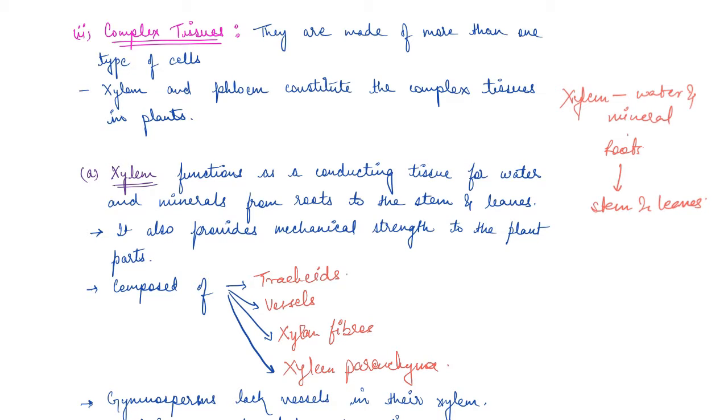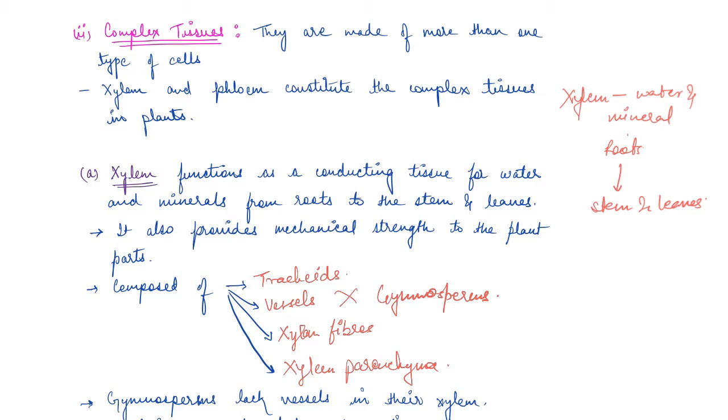So what are the four different kinds of elements which form the xylem tissues? These are tracheids, vessels, xylem fibers, and xylem parenchyma. Now, remember, in the case of gymnosperms, they lack vessels in their xylem. So vessels are not present in gymnosperms.